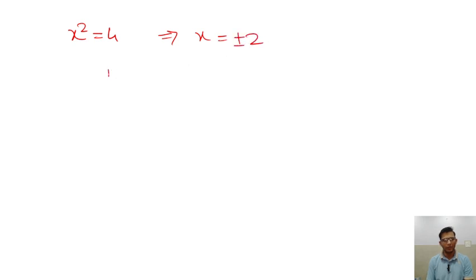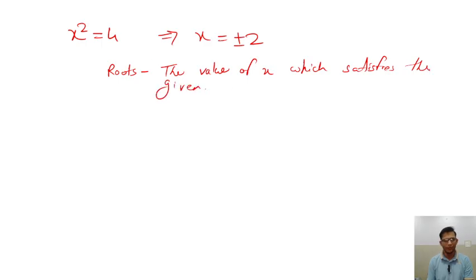A solution or root means the value of x which satisfies the given equation. For example, if I put x equal to 2 in this equation, the left hand side becomes 2 square, that is 4, and the right hand side is already given as 4.